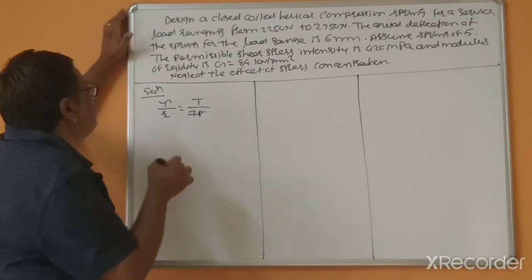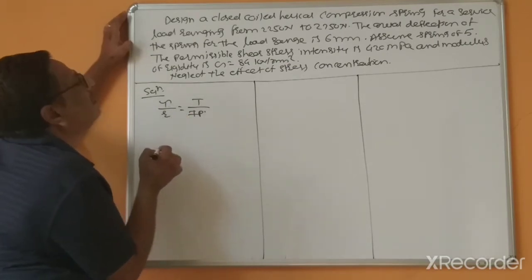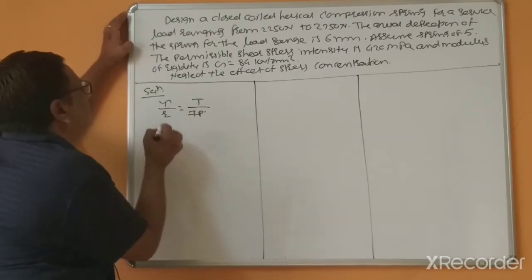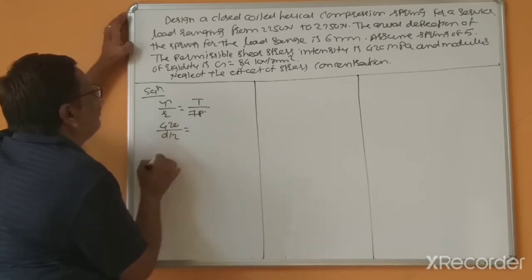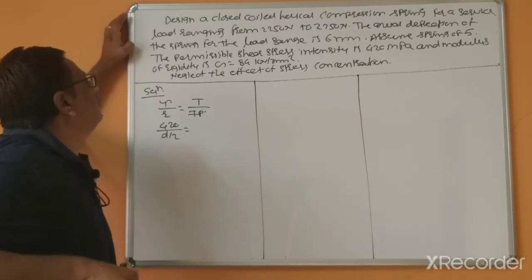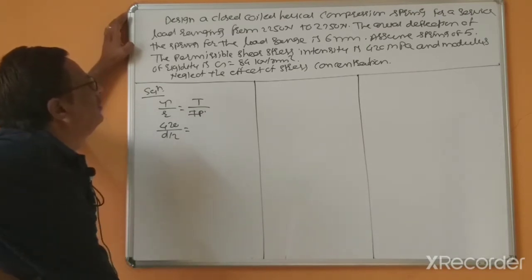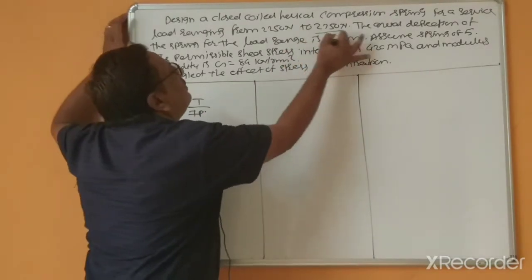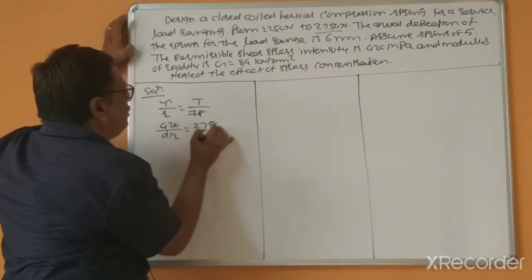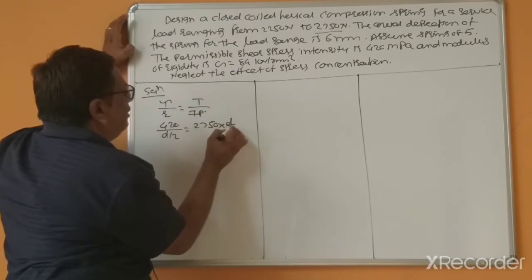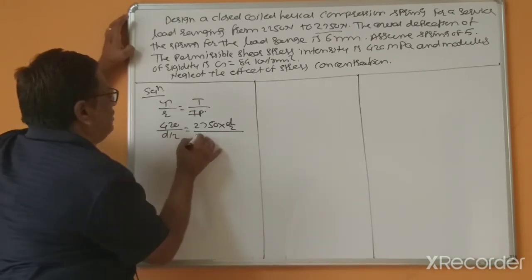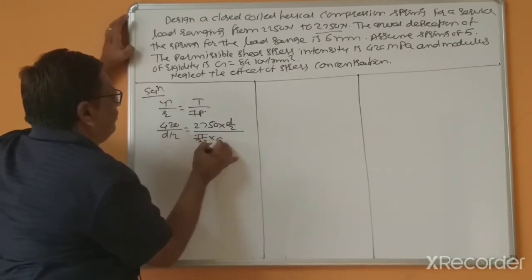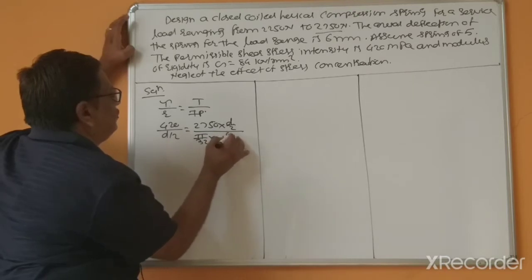This is the basic equation. 420 with r equal to d by 2, the torque equal to the maximum load given, 2750 multiplied by d by 2, and J is pi by 32 d raised to 4.